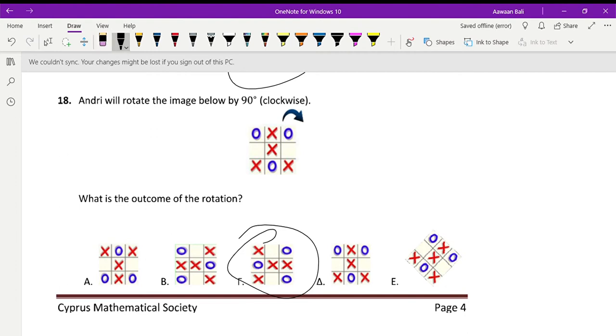This is 180 degrees. It's also wrong. And this is 270 degrees clockwise or 90 degrees anti-clockwise. Either way. Gamma, we said that's correct. And delta is basically the same thing.